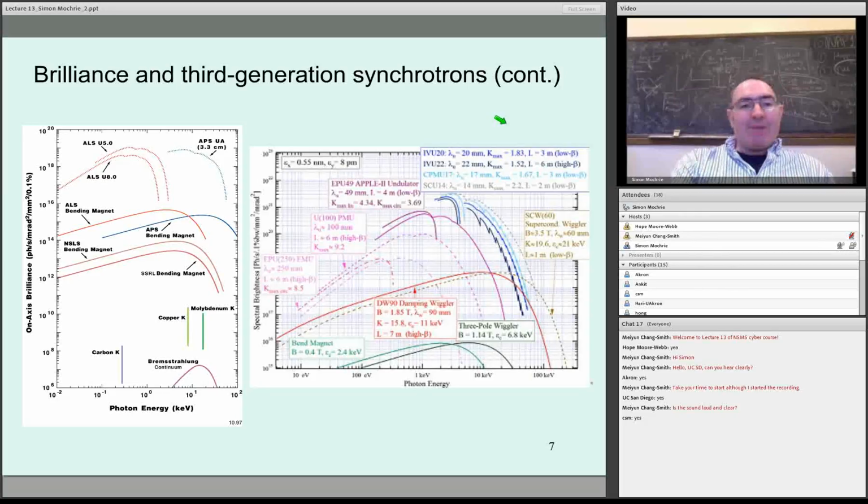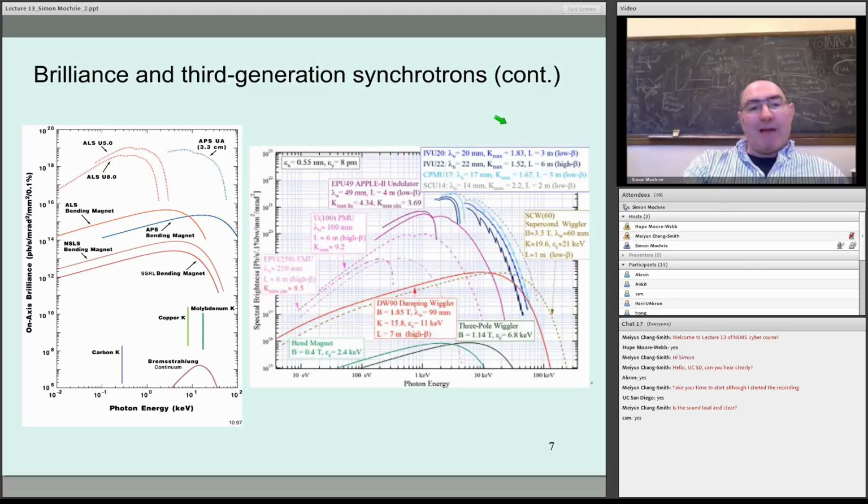This just emphasizes that point: these are various different brightness figures, brightness, brilliance, really the same thing, for various different synchrotron sources around the world. The experiments that I'll describe to you were carried out using APS undulator A. So that's to say corresponding to this curve here.